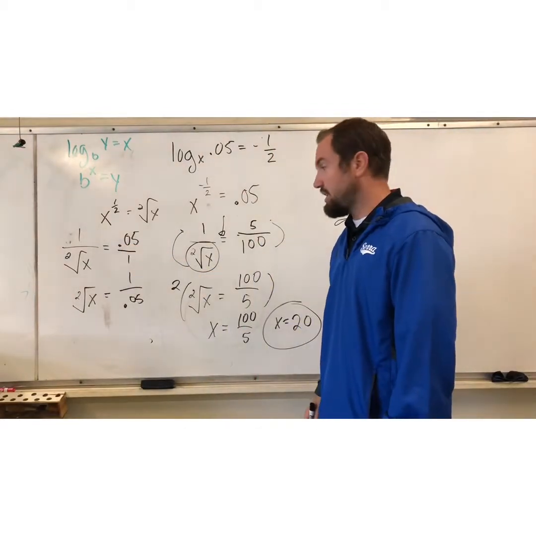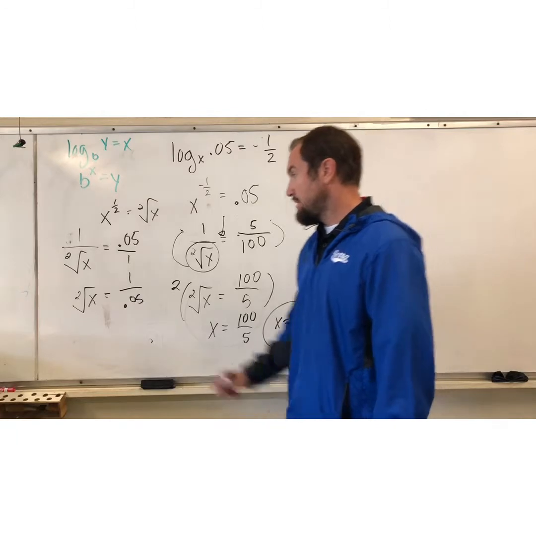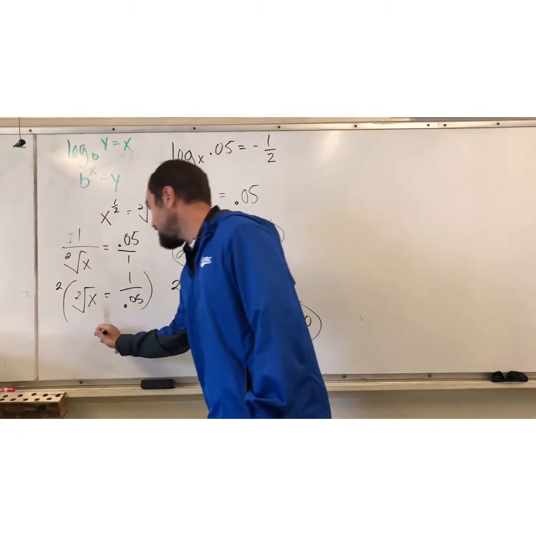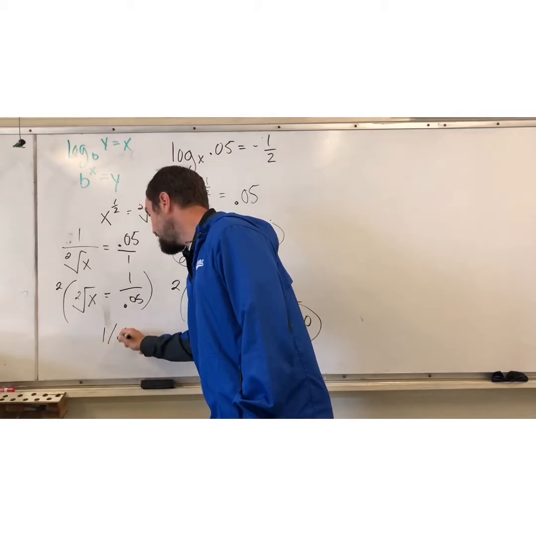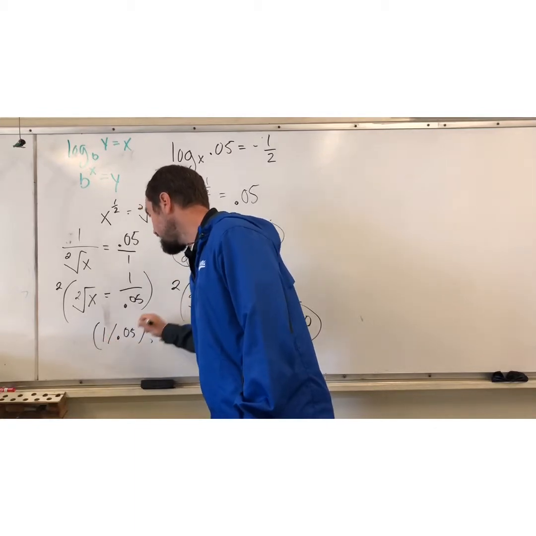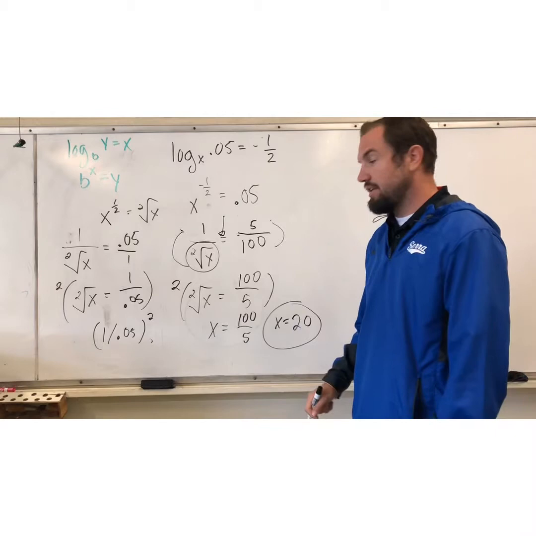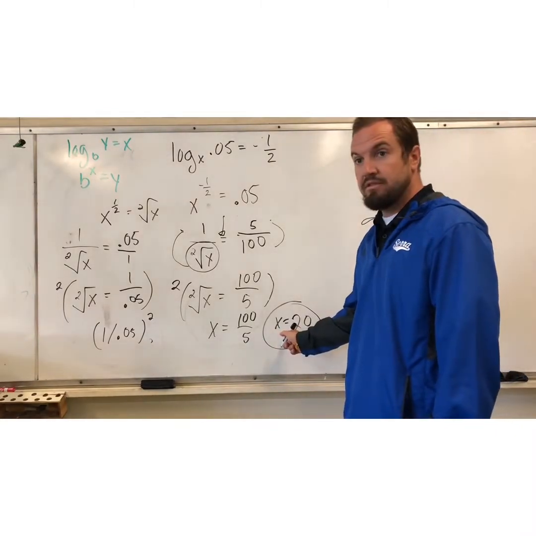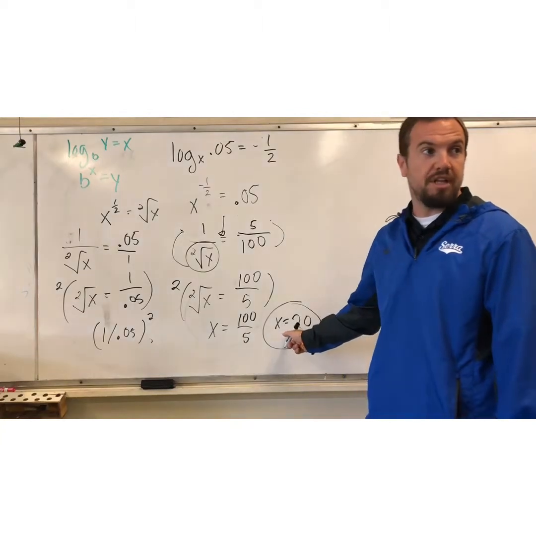And then if you square both sides, you would end up putting in your calculator 1 divided by 0.05 squared. And what would you get for that? Probably 20, right? I'm assuming that's going to be 20.